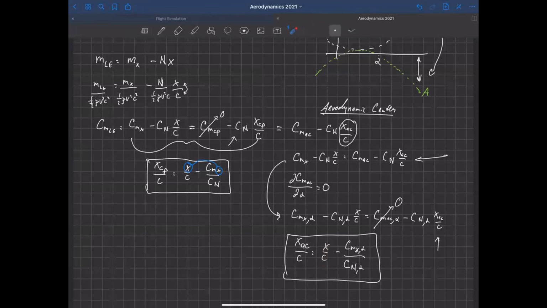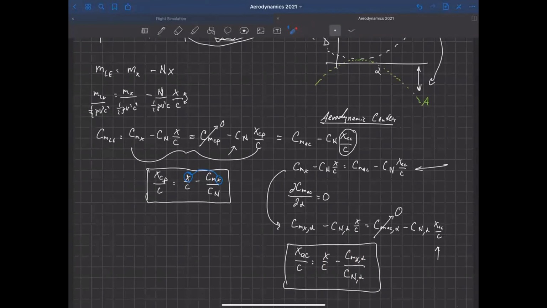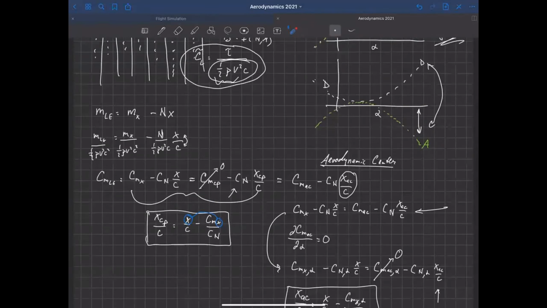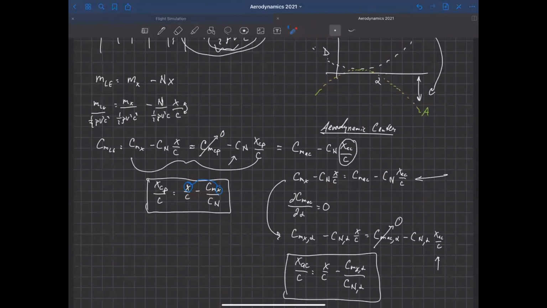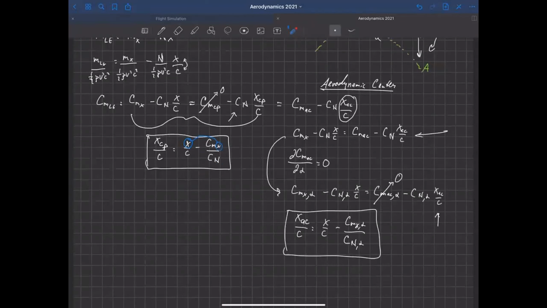So we'd plug in a 1/2 there minus the derivative of this with respect to alpha divided by the derivative of CN, our normal force, with respect to alpha, which we can do numerically. We could use finite differencing to get the change in N with respect to alpha, and then the change in M with respect to alpha, divide those two numbers, plug it in this equation, and that would give us our aerodynamic center.